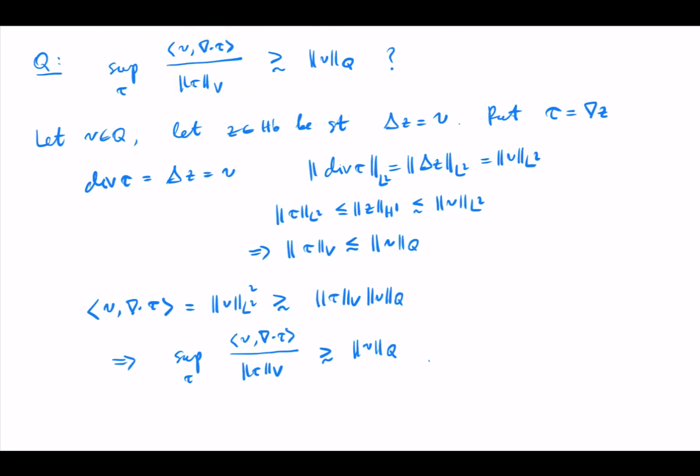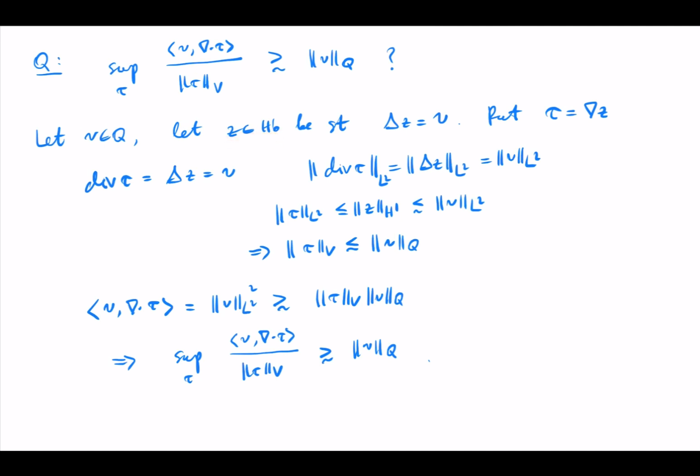So we want to solve, given V, this Poisson problem with zero Dirichlet boundary condition. Then we simply put tau equal to the gradient of Z. Remember, for the Stokes case, we solve with some type of Neumann condition, but here we are solving it with the Dirichlet boundary condition.